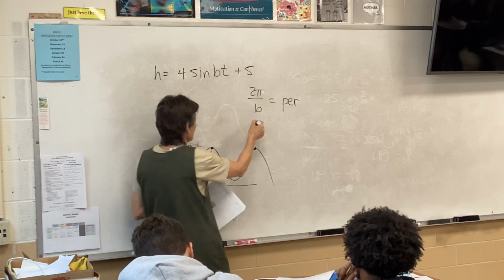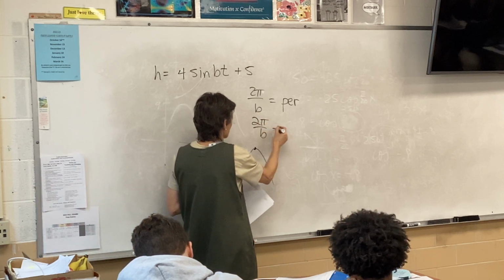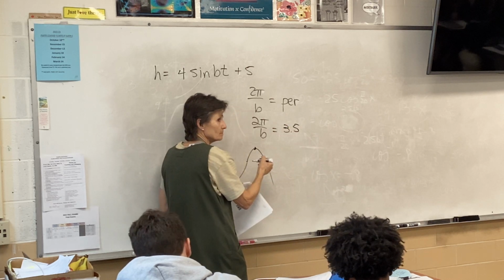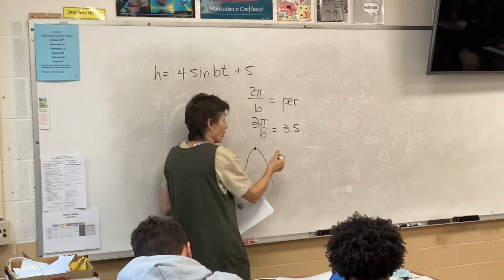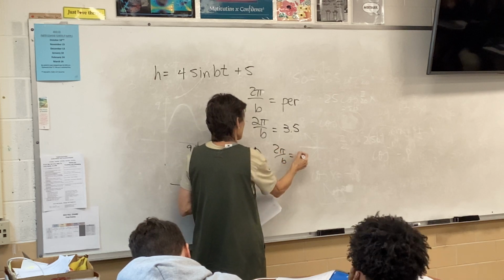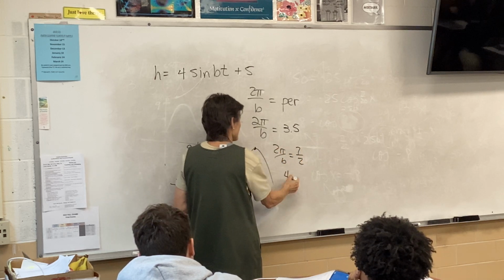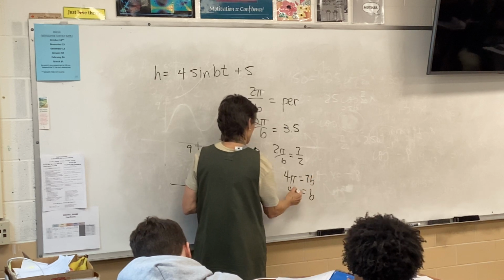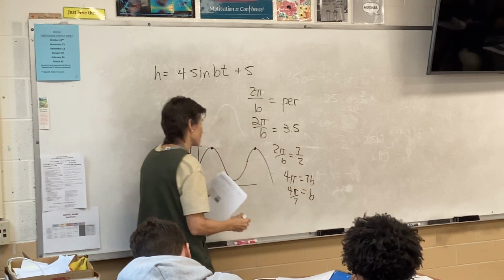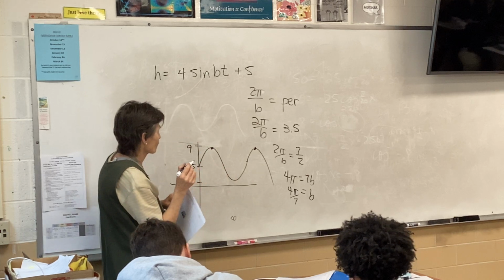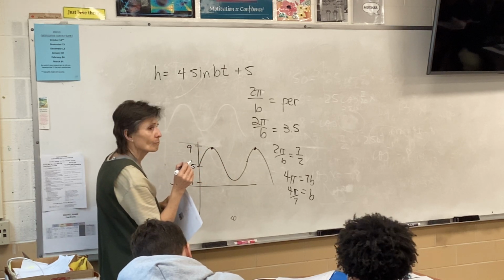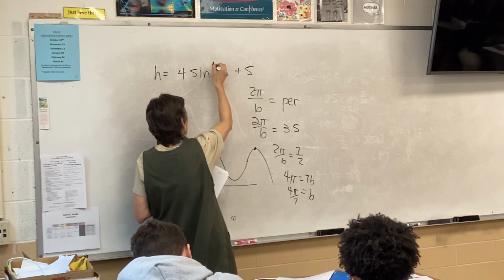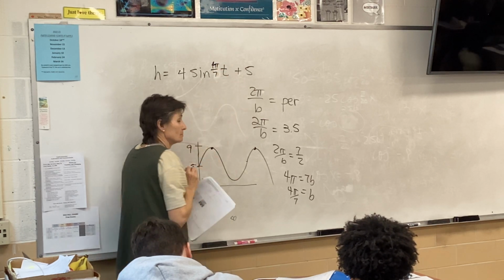So 2 pi over B equals 3.5? Or 2 pi over B equals 7/2, that's what I'll do. So 4 pi equals 7B, B equals, did you get 4 pi over 7? So this number right here is 4 pi over 7.